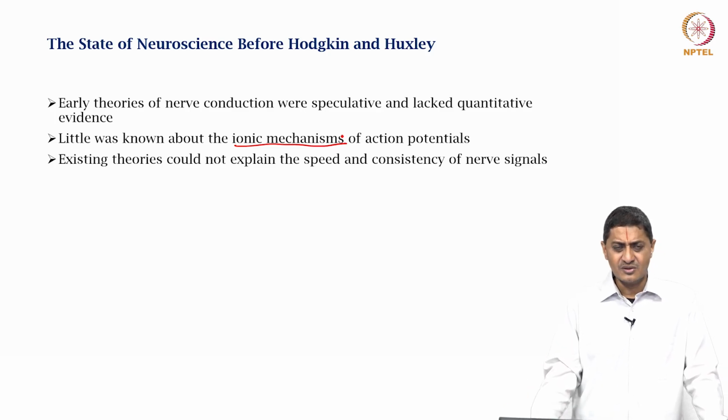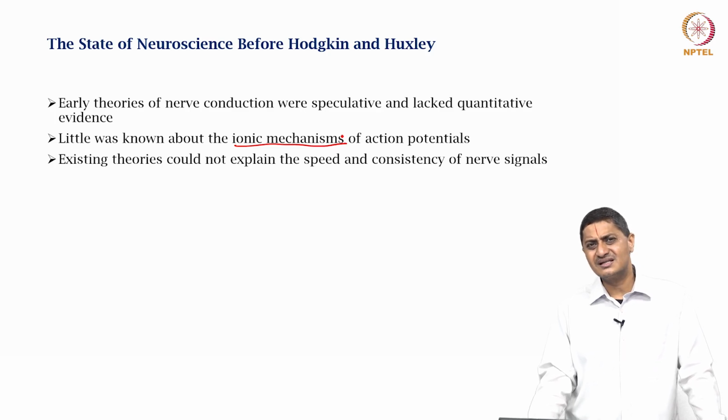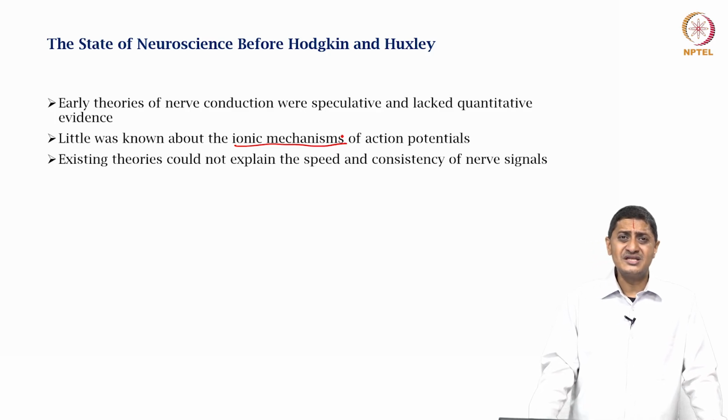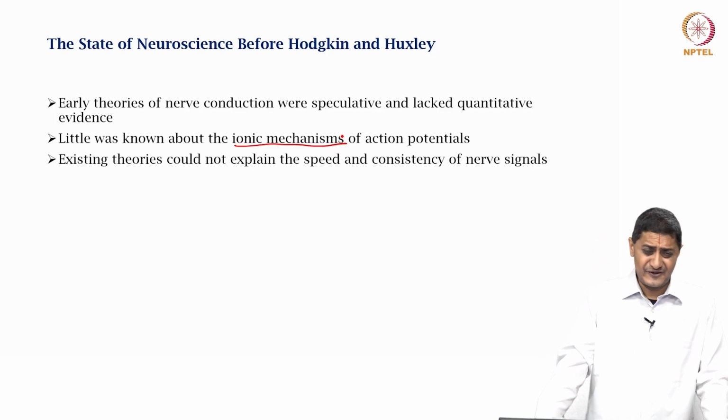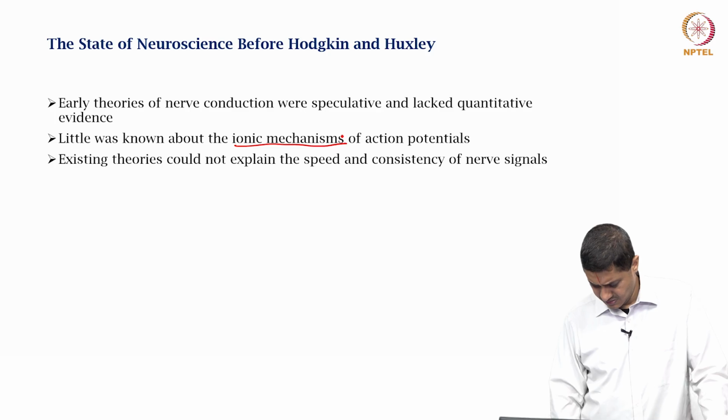Existing theories could not really explain the consistency, the repeatability, or the stereotypical nature of these action potentials and the speed at which they happen. They could not be explained by the existing theories of the time.